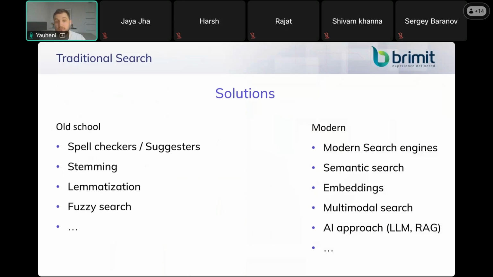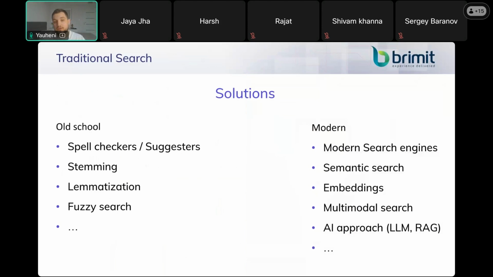At the current moment, we have modern solutions to fix that. First of all, it is using modern search engines, for example Sitecore Search, or our team also uses Algolia and some other search engines built on modern solutions. Also, there is semantic search, where we use embeddings and store information in vector representation.